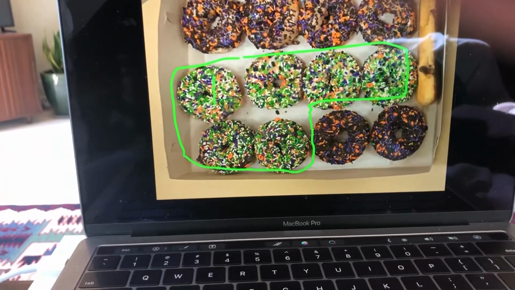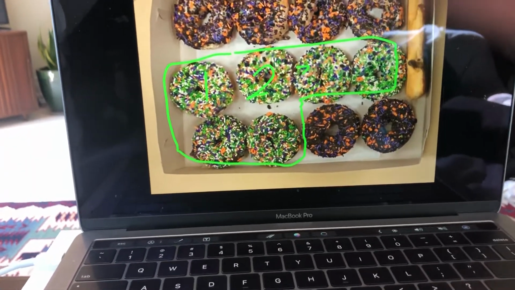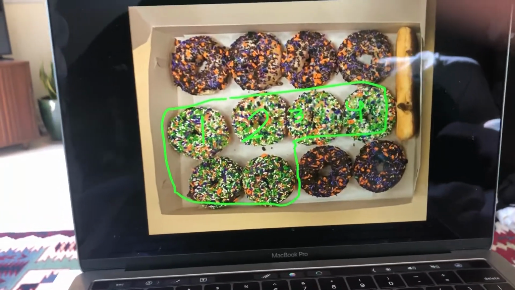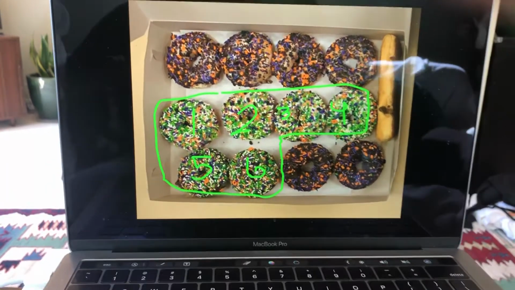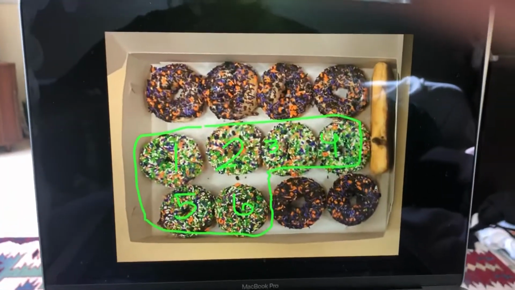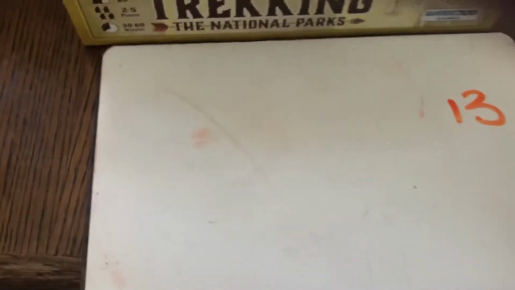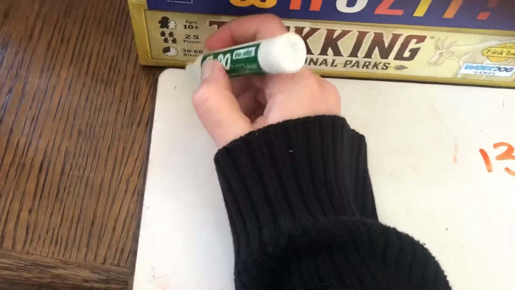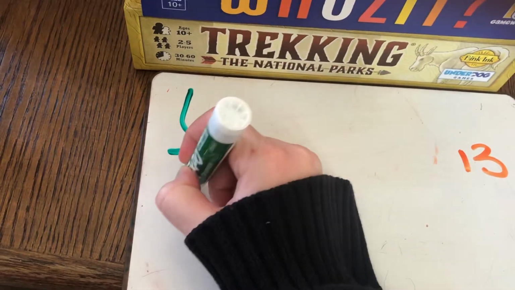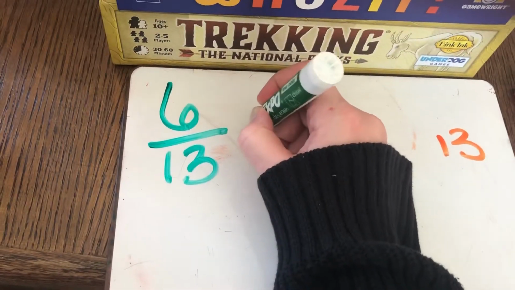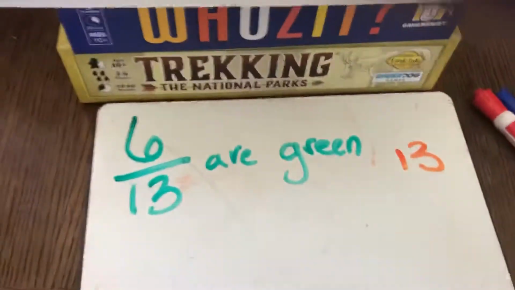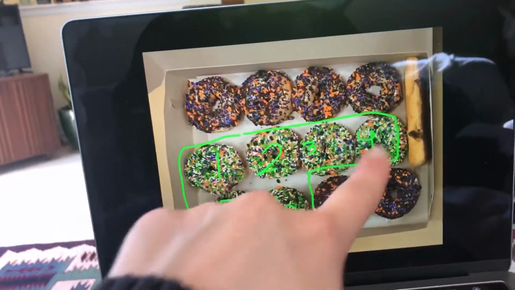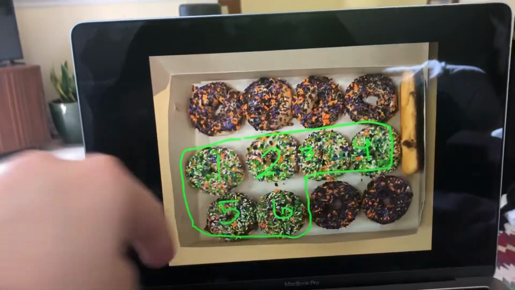That's 1, 2, 3, 4, 5, 6 of the donuts are green or have green sprinkles. So I'm going to write, I'm going to do this in green, 6 out of 13 total donuts are green. Because I have 6 green donuts, 1, 2, 3, 4, 5, 6, out of 13 total donuts.